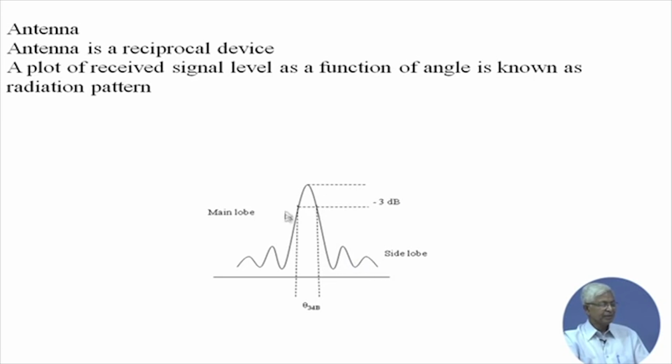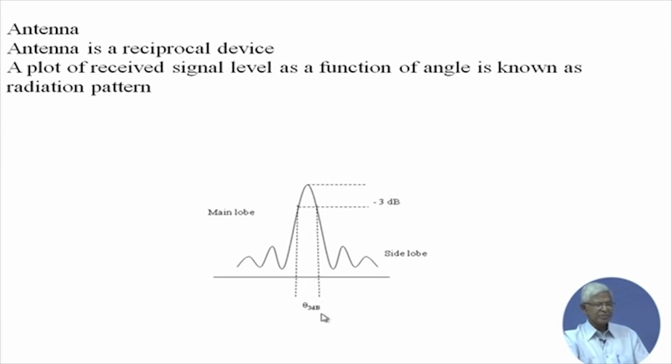So, the main peak is called the main lobe and the small peaks are called side lobes. From the maximum power, when the power falls at a particular angle of theta to half of that maximum power, it is the minus 3 dB point. This angle is called theta 3 dB.